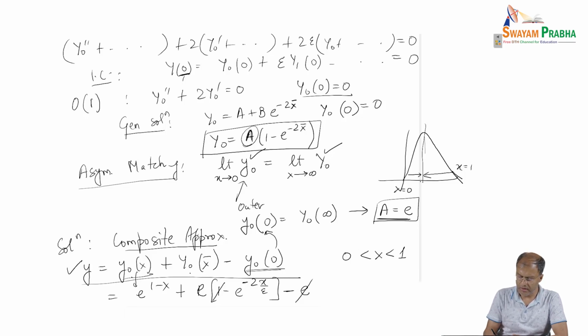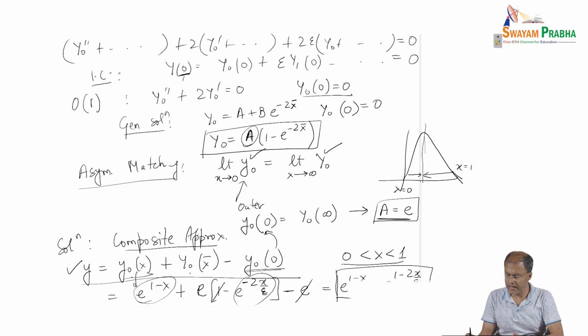So e cancels, and we get e to the power 1 minus x minus e to the power 1 minus 2x by epsilon. So we have got the two solutions, e to the 1 minus x and e to the 1 minus 2x by epsilon. So this is the final solution, and this is what the final answer in the entire domain looks like.